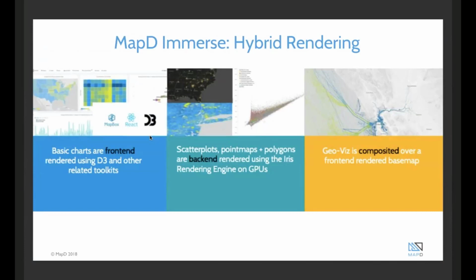With MapD Immerse, which is the visualization platform, we have very complex, data-rich charts with geographic information, like choropleth, and at the same time very simple charts like line, bar, or pie charts, all on a single dashboard.